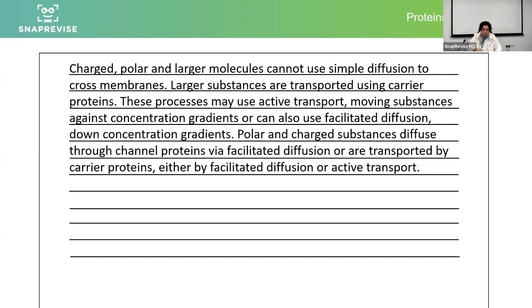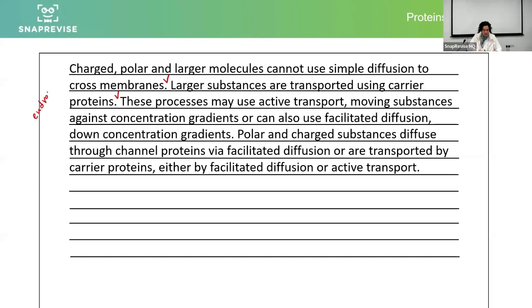So charged, polar, and larger molecules cannot use simple diffusion to cross the membranes. That is 1 mark. And again, when we say larger here, we don't mean proteins. Proteins move by an entirely different way, endocytosis. Larger substances are transported using carrier proteins. That's another mark. You could have also said endocytosis here if you wanted.